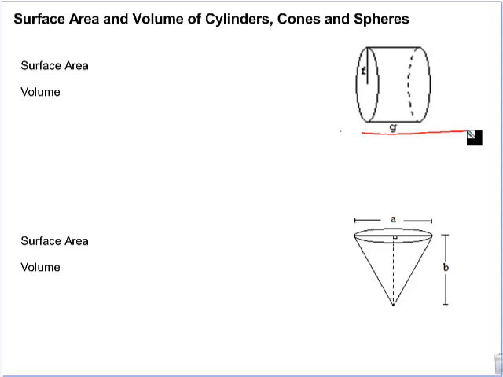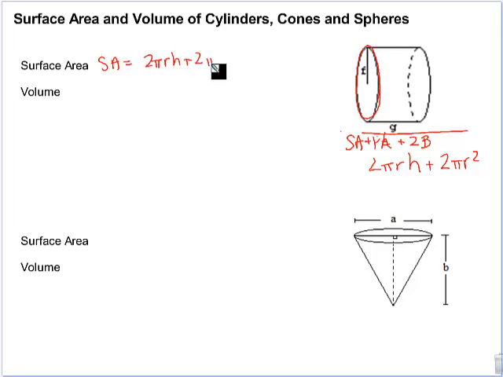Here, the perimeter of our base, a circle, is 2 pi r, times h for the height, plus the area of a circle, which is pi r squared. So the surface area of a cylinder is 2 pi rh plus 2 pi r squared.